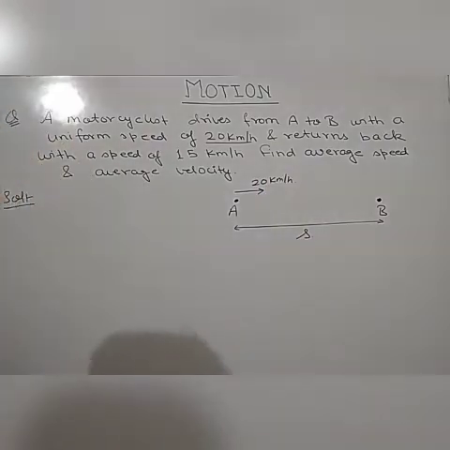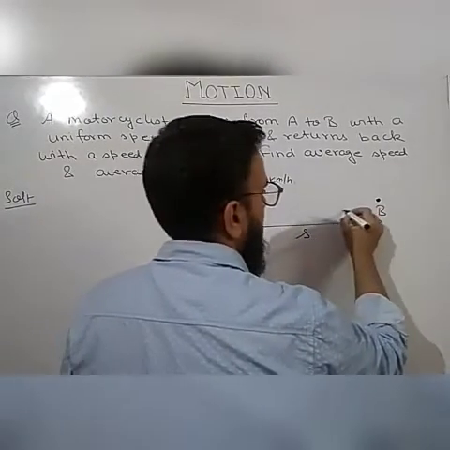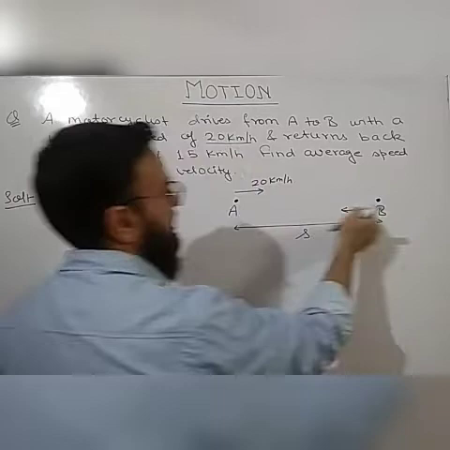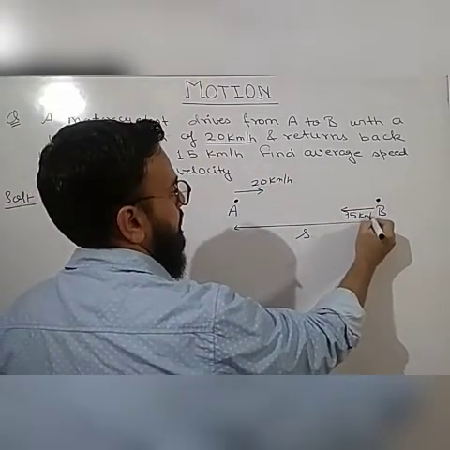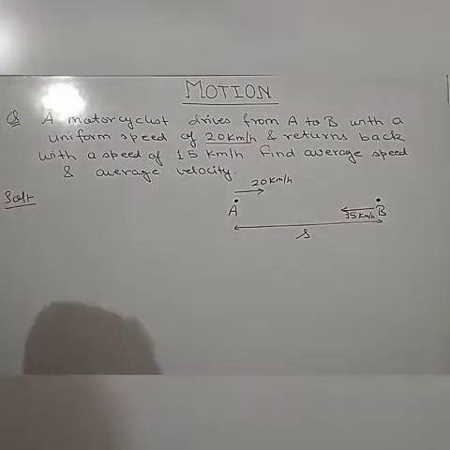And when it returns from B to A, the speed is 15 kilometer per hour. Clear? We have to find the average speed and average velocity.